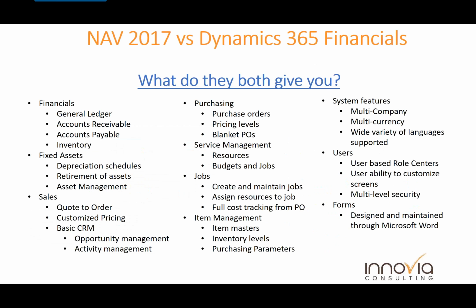I am able to do my cost roll-ups. All of those things that we would expect in financials, bank rec, it's there. It's there in NAV, it's there in 365. So you're not missing much of anything on the financial side.